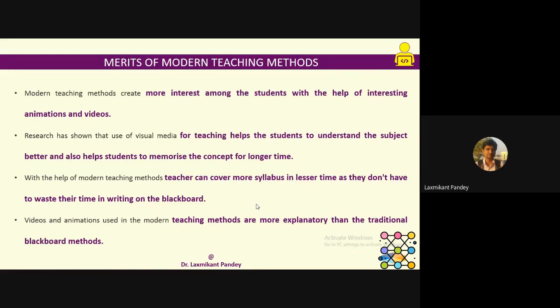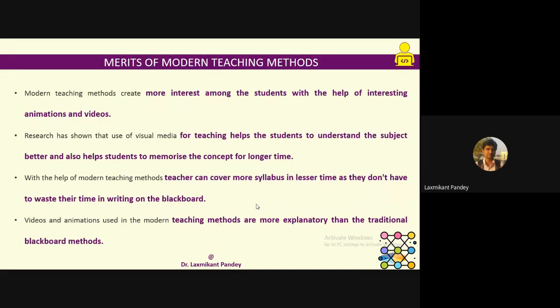With the help of modern teaching methods, a teacher can cover more syllabus in less time. That is a very important merit. If you are teaching with the help of a PowerPoint presentation, there is no need to draw any diagram or write on the blackboard.